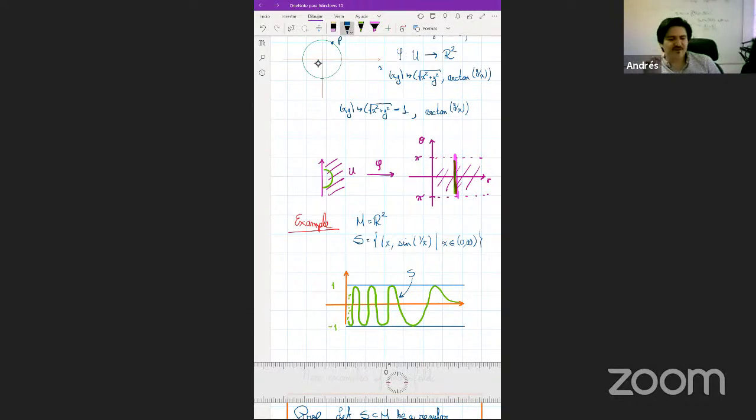Now do you remember why you have seen S before? What are the relevant topological aspects of this example, when you were studying this example?